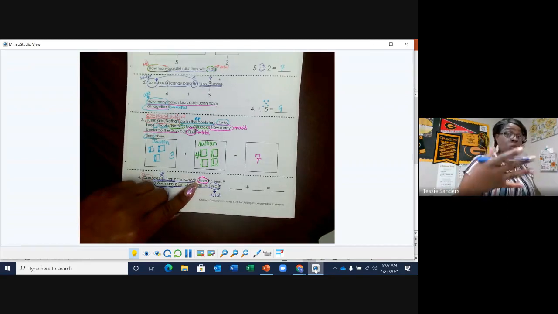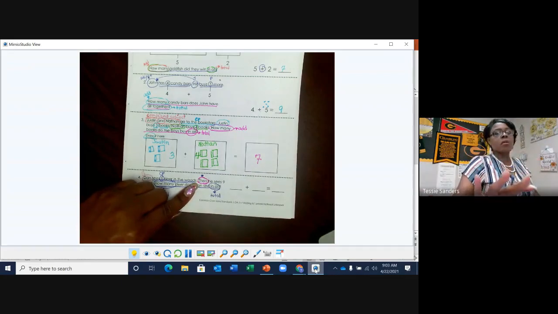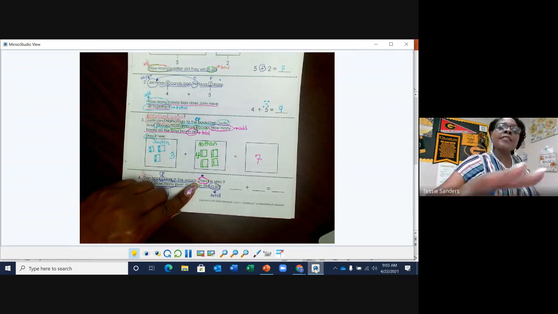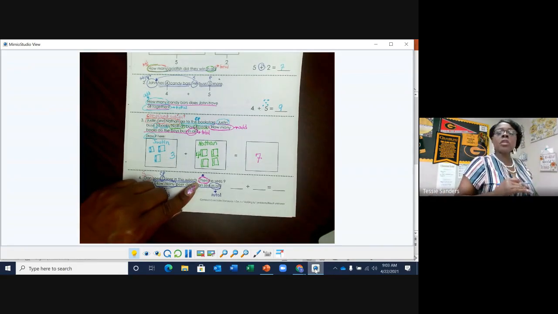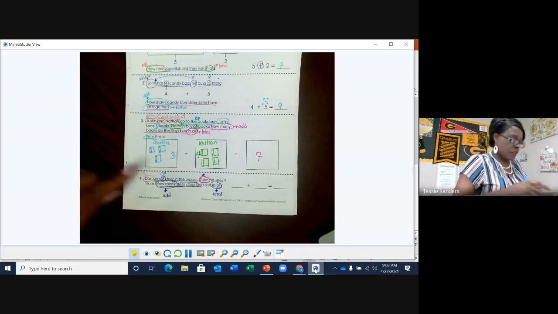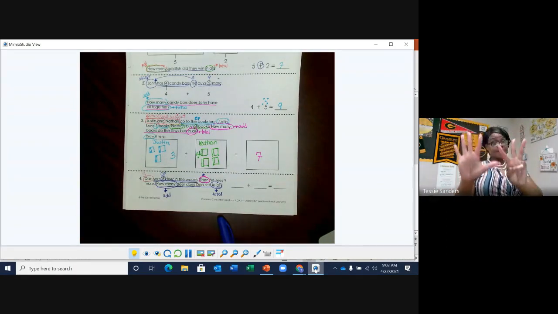So for my older learners, right now, it is sequence, but I want you to write transition. Transition again means a change in action. Because first he saw what? 8.